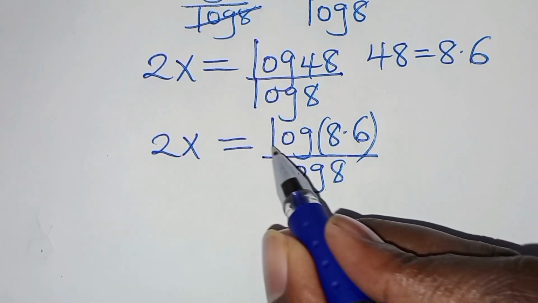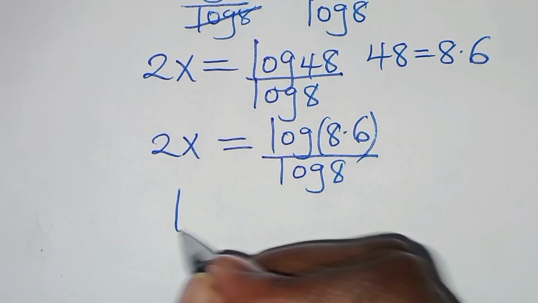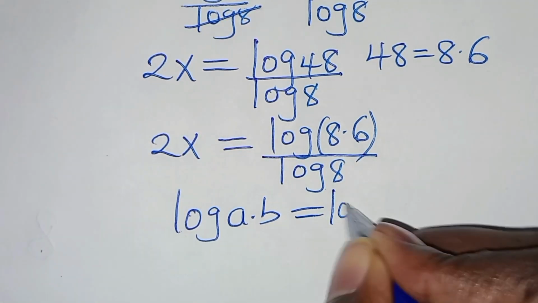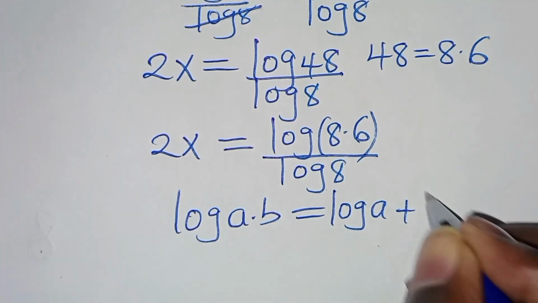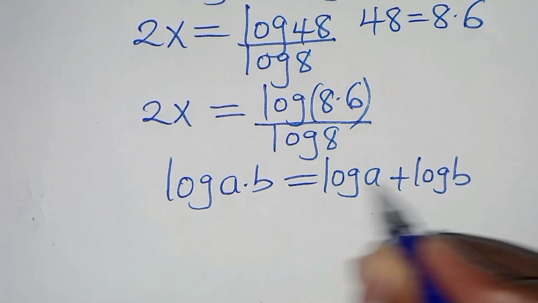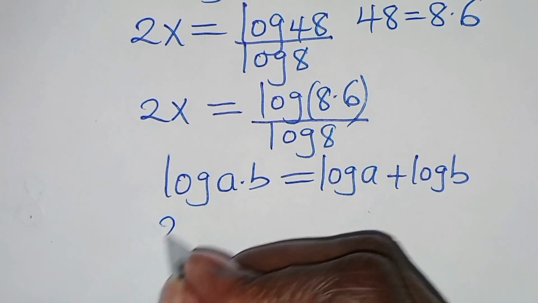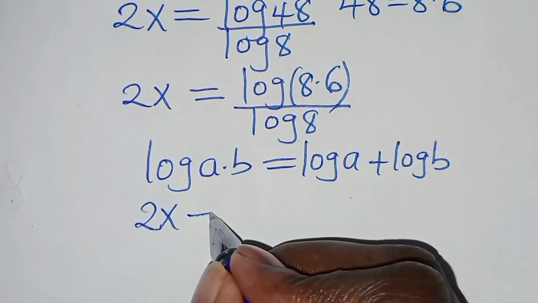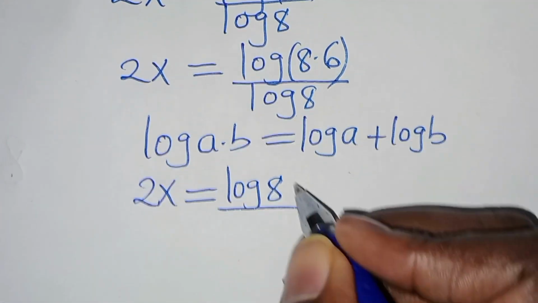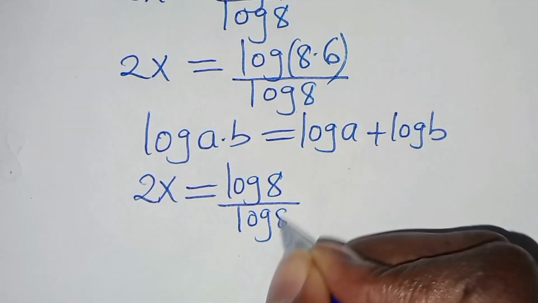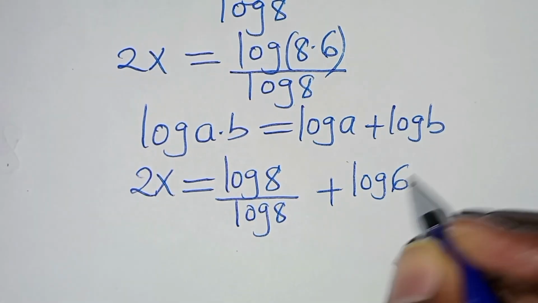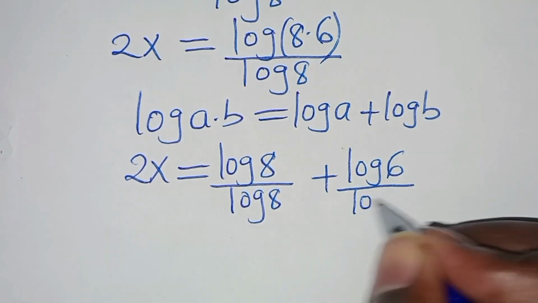Now the next step is that log 8 times 6, this is in the form of log a times b, which we can express as log a plus log b. Applying this logarithm property from here, this implies that here we have 2x. This is equal to log 8 divided by log 8 from here plus log 6 divided by log 8.